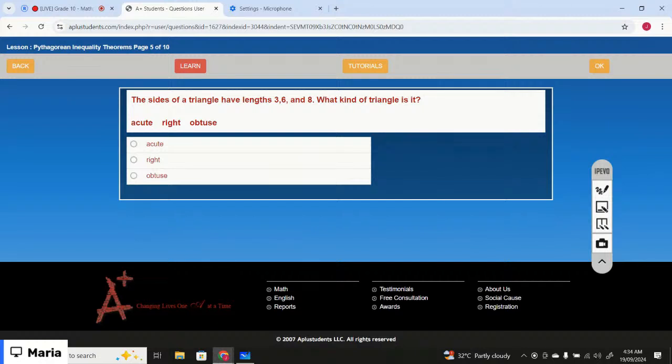The sides of the triangle have lengths 3, 6 and 8. What kind of triangle is it? Which is the correct option?